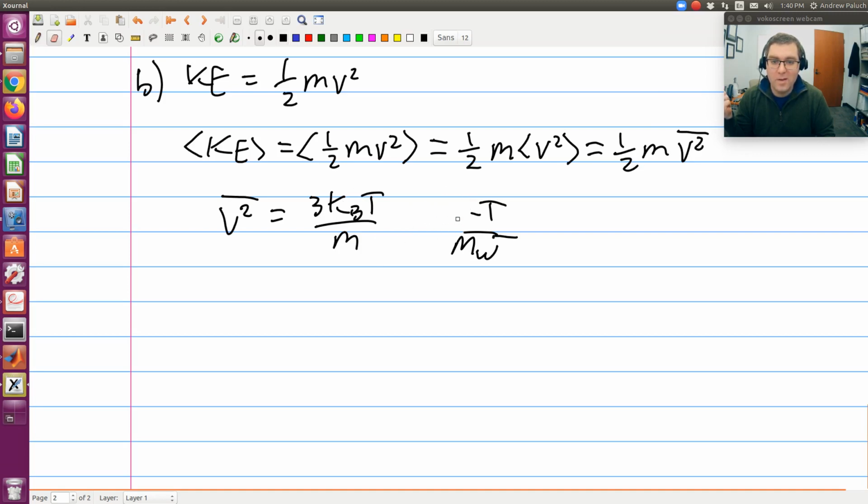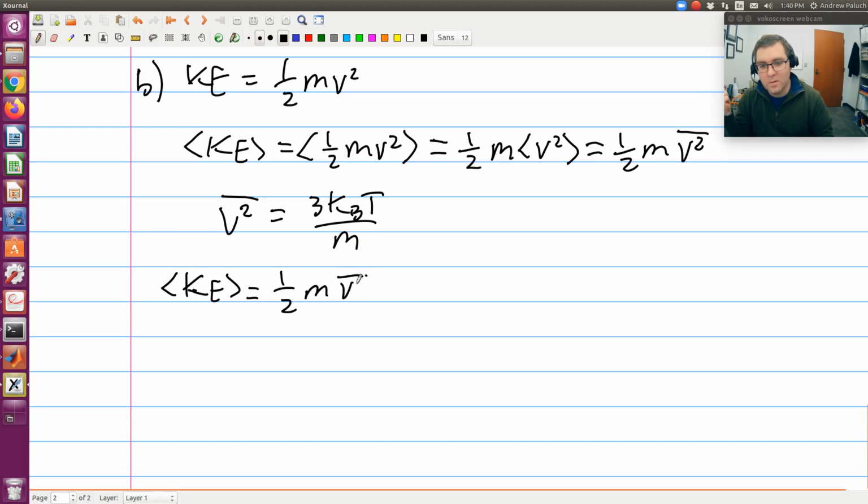I'm not going to replace kB over m with R over molecular weight, because when I calculate my kinetic energy, which is 1/2 m v bar squared, that'll be equal to 1/2, and then m will cancel with that m, and so I'll be left with 3/2 kBT. The m cancels with the m in the denominator, so I'm just left with 3/2 kBT.